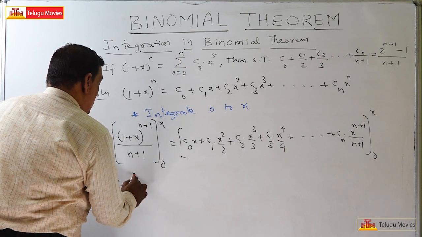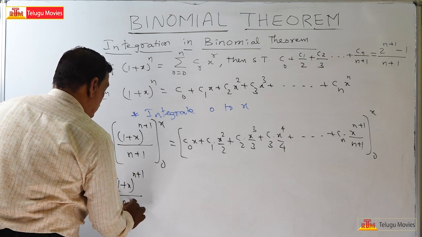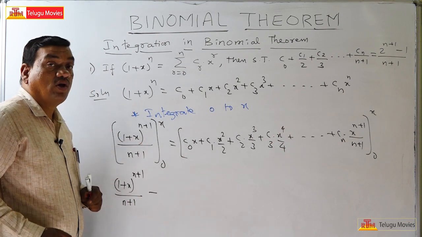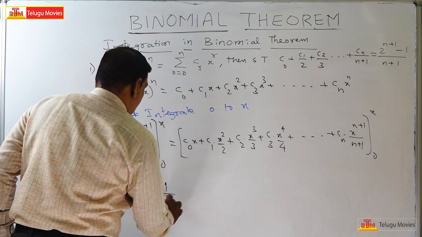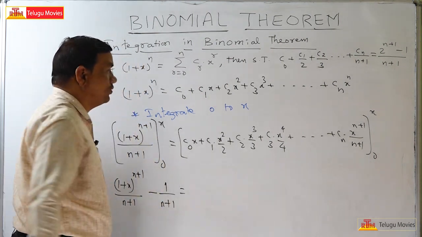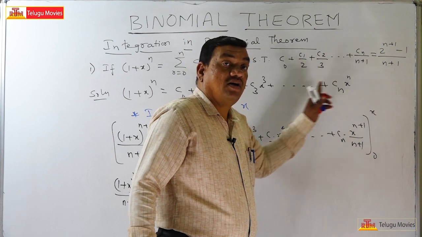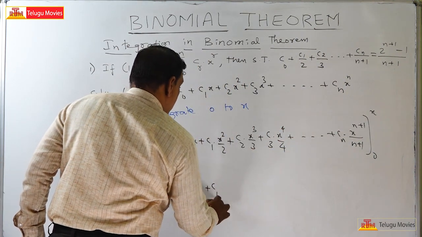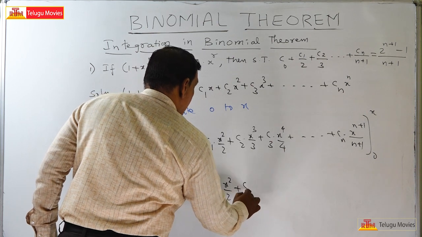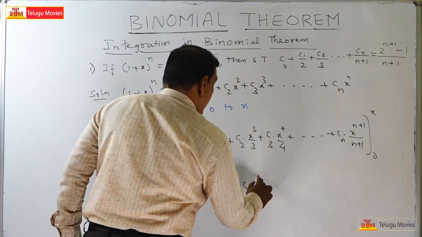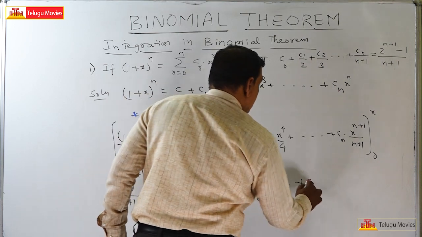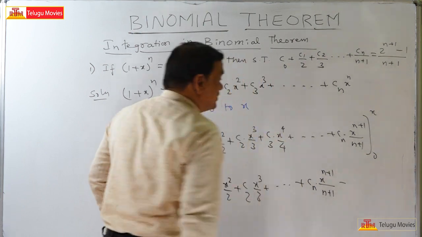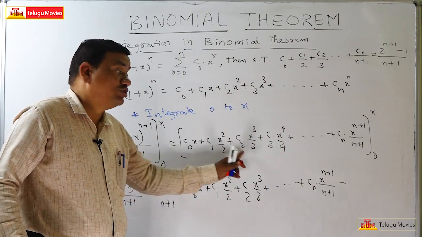For the upper limit the same term will come: (1 plus x) whole power n plus 1 upon n plus 1 minus, if you substitute 0 here, 1 plus 0 is 1, 1 to the power of n plus 1, 1 by n plus 1. This is equal to, substituting upper limit x, the same terms will come: c naught x plus c1 x square by 2 plus c2 x cube by 3 plus so on, cn into x power n plus 1 by n plus 1 minus, if you substitute 0, in each term 0 is there.